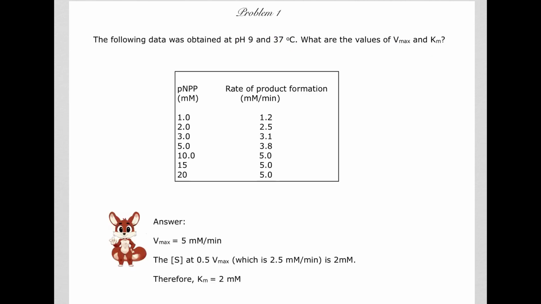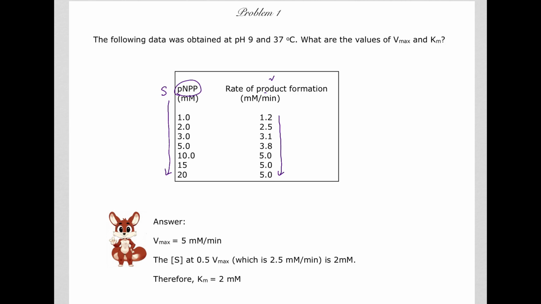So if you look at the data, you can see the substrate concentration increasing here. PNPP is the substrate for alkaline phosphatase. And you see the velocity of the reaction, the rate of product formation, in this column.